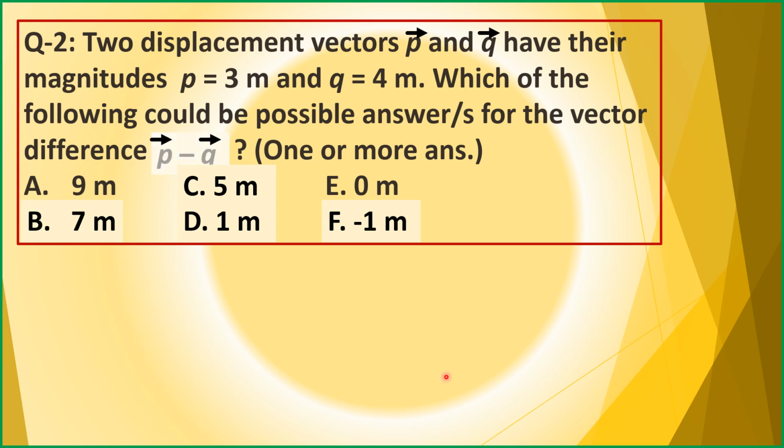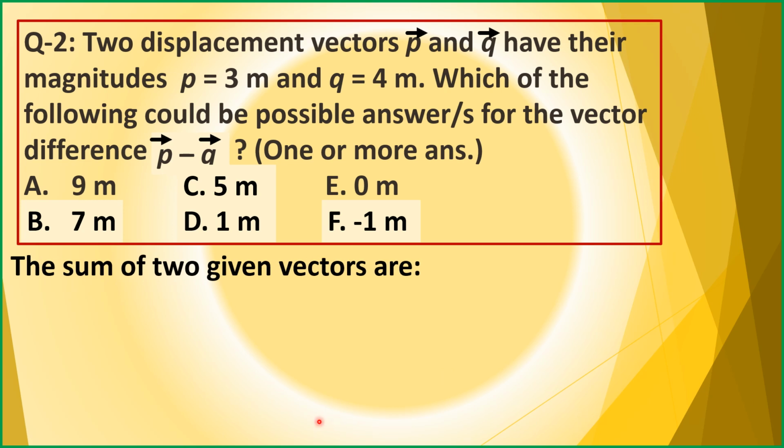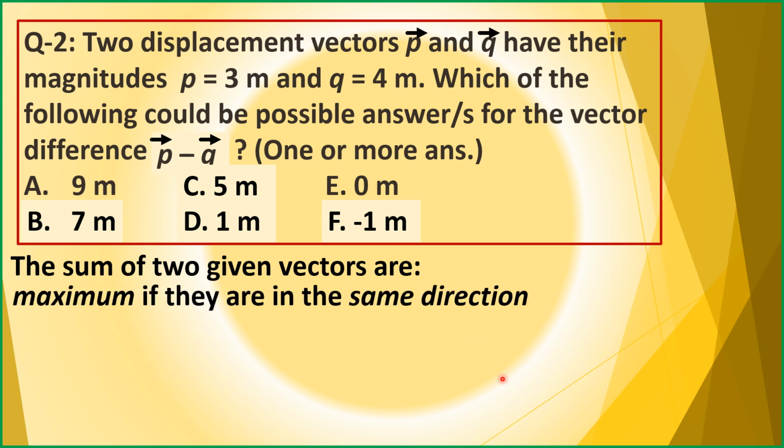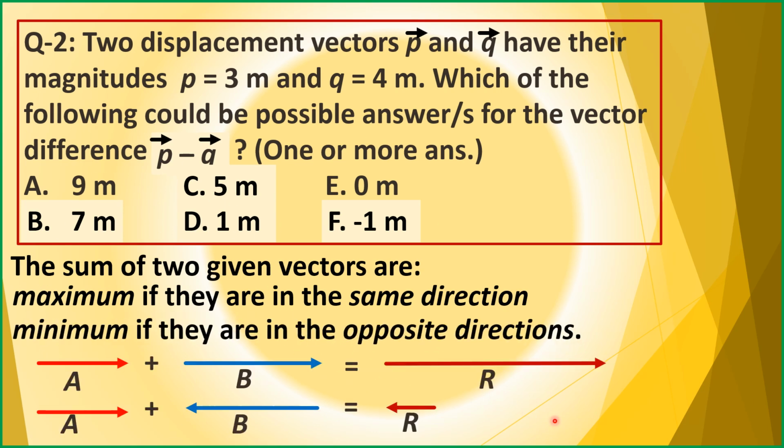So, in general, we say that when two vectors are added, their vector sum is said to be maximum if they are in the same direction, and their sum would be a minimum if they are in opposite directions.